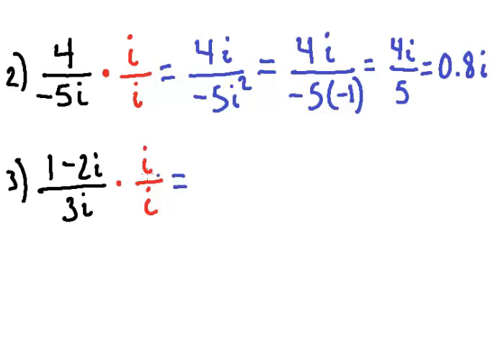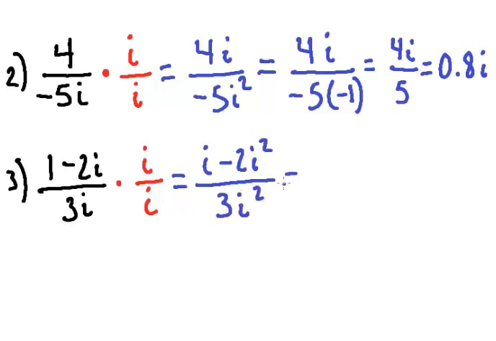In this case, because we have two parts for the complex number, we're going to have to multiply both of them with i. And then on the denominator, we're going to multiply the 3i with i. So in this case, we have 1 times i, that will give us i. And -2i times i, that will give us -2i squared. Divided by 3i times i is 3i squared.